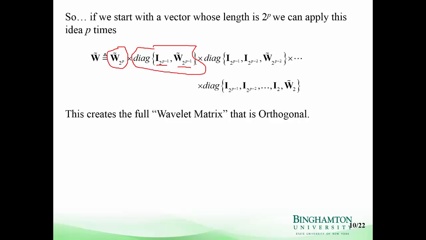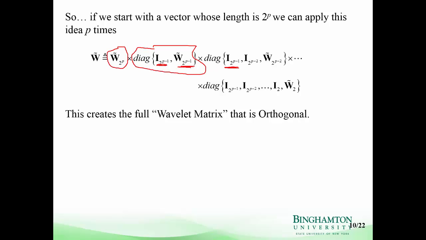And then remember, anything that has already had differences applied to it remains, so we'll multiply that by an identity matrix of its appropriate size.